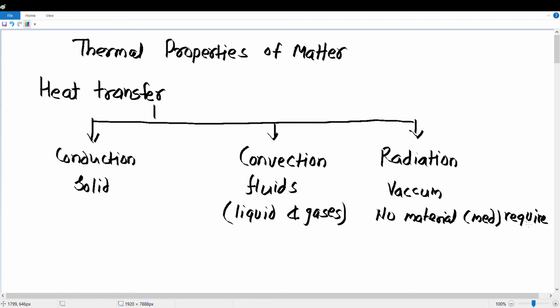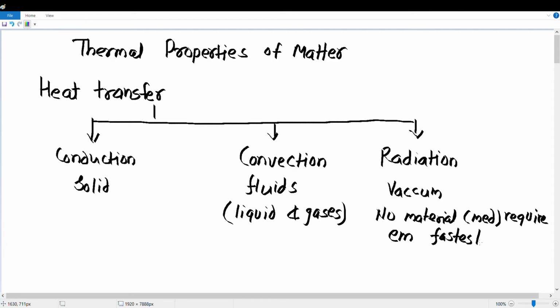That is the radiation. In radiation, heat travels in the form of electromagnetic waves, which is the fastest mode of heat transfer.